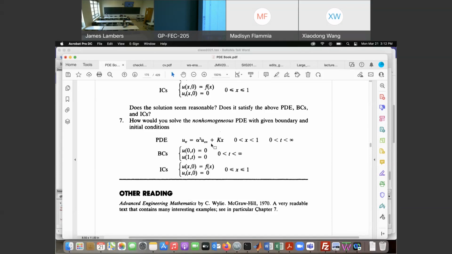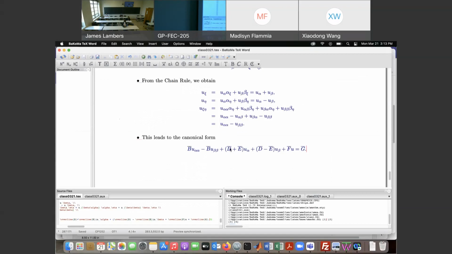Here's what I would consider an acceptable answer for this. When you're solving a non-homogeneous PDE, just like with the heat equation, you can express the solution as a sum. I'm going to write this into the notes.